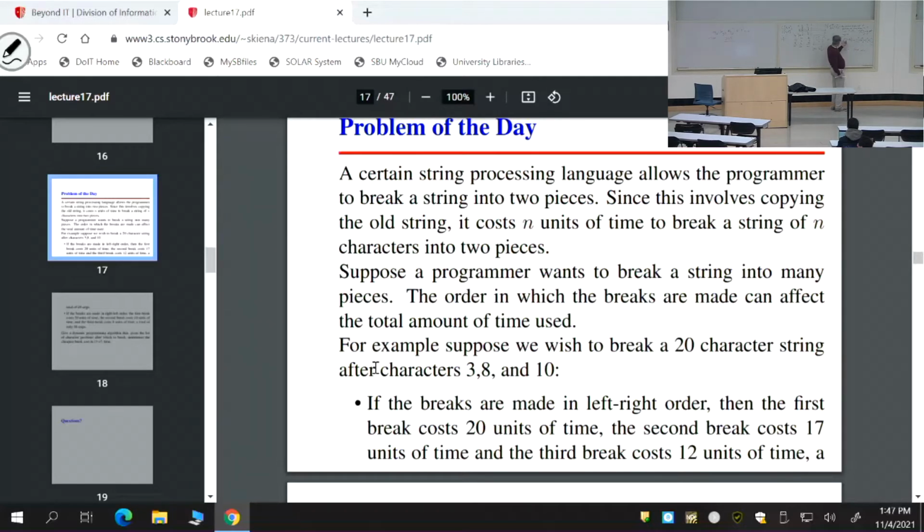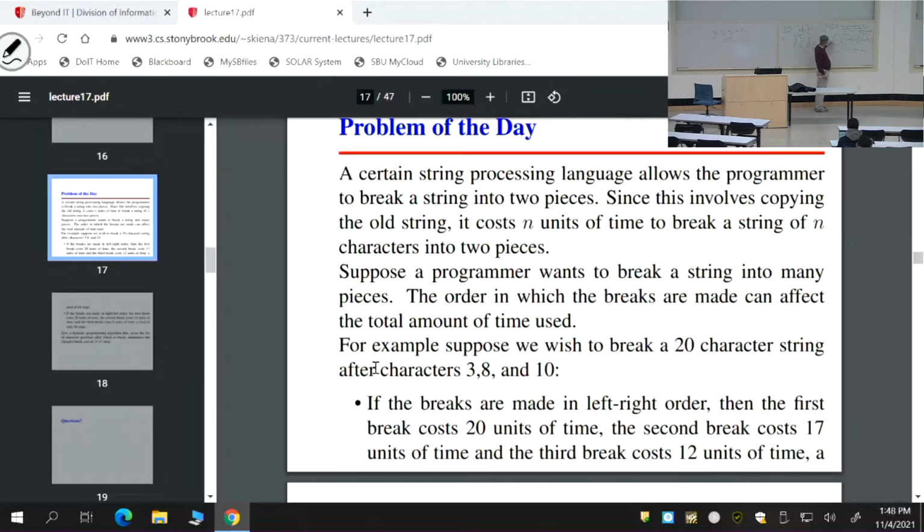Looking something up from an array of positions is constant. Add them up, constant. But the min as i goes from j, i minus 1 to j, is that constant? That is not constant.